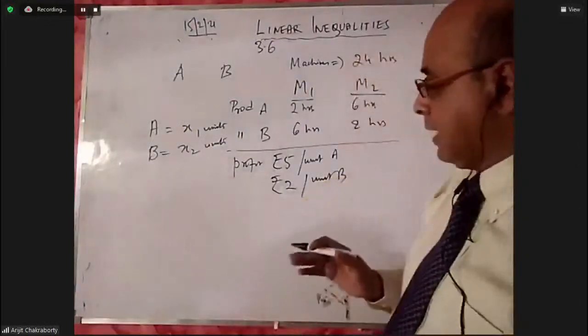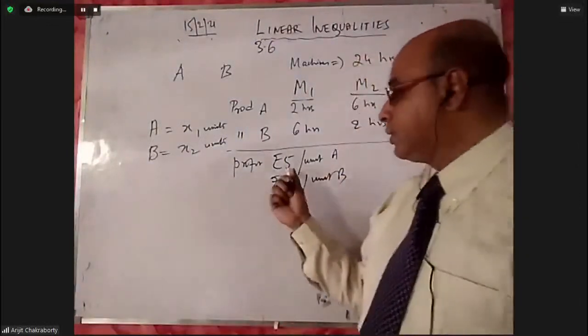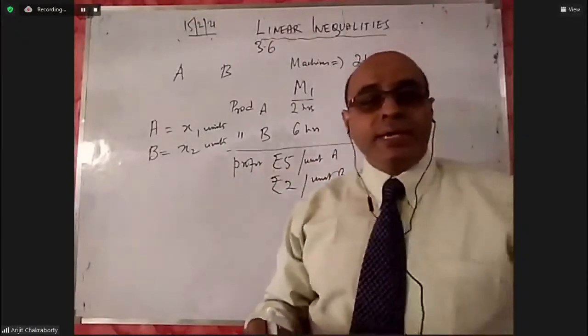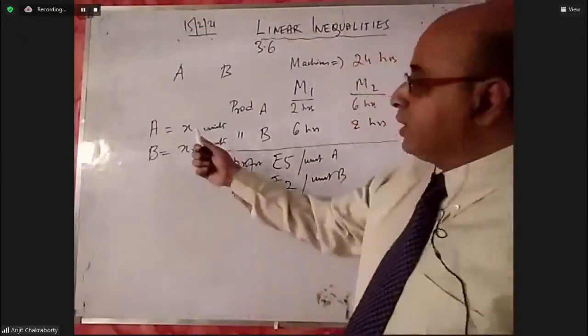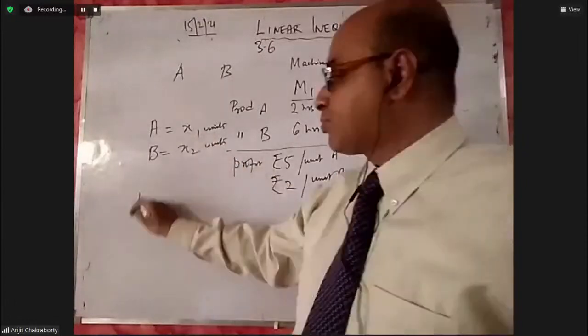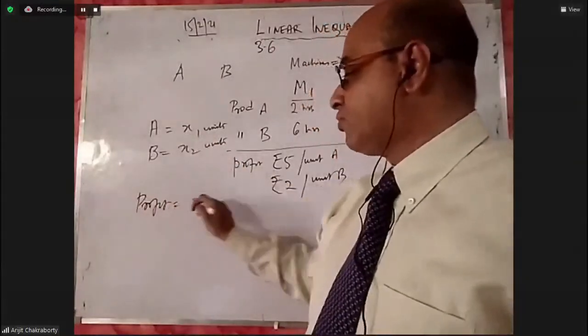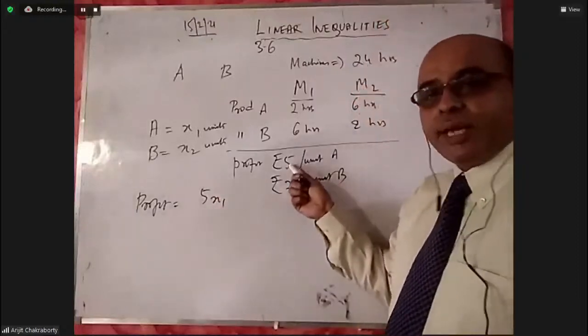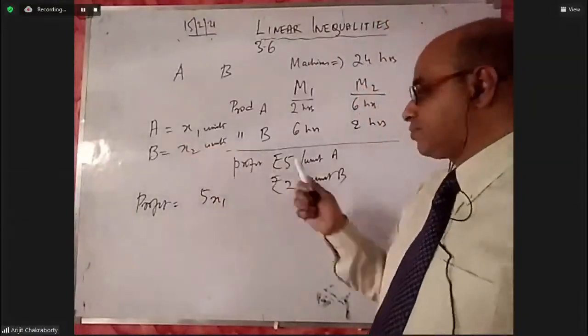Now, the profit is ₹5 per unit of A. So if X1 units are produced, then what will be the profit? The profit will be 5x1. X1 units of A are produced and X2 units of B are produced.